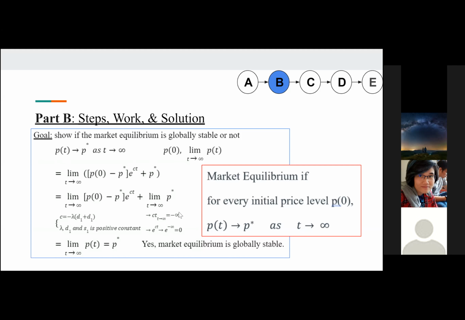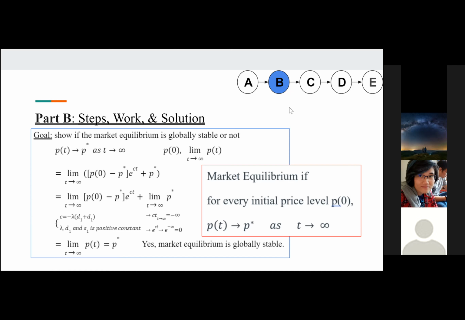So e to the power of negative infinity will be 0. That's why the limit of P(t) will approach P star. So we can tell that, yes, the market equilibrium is globally stable.